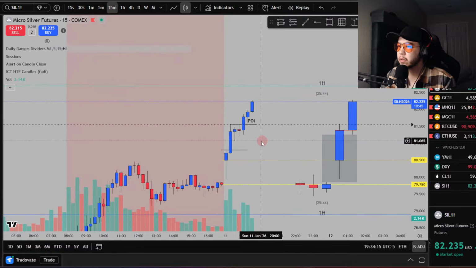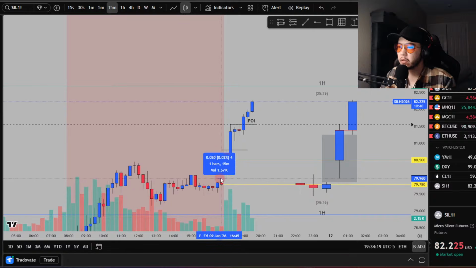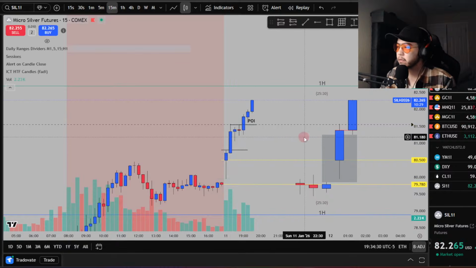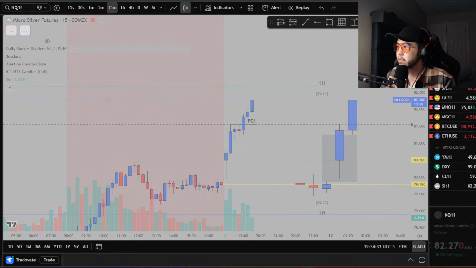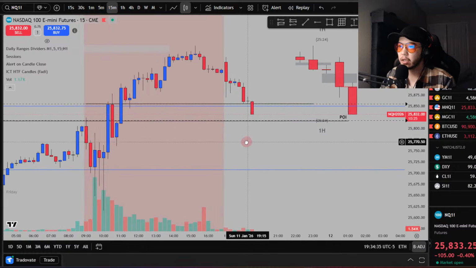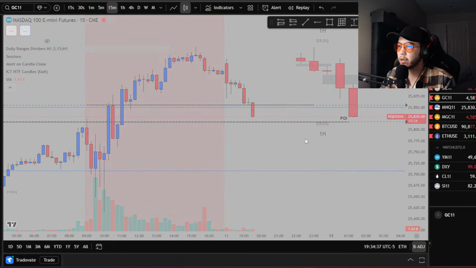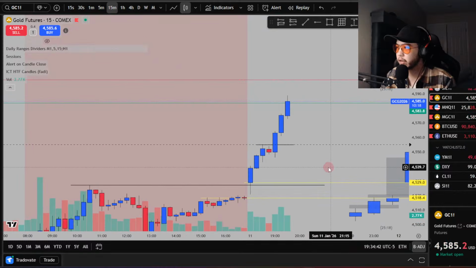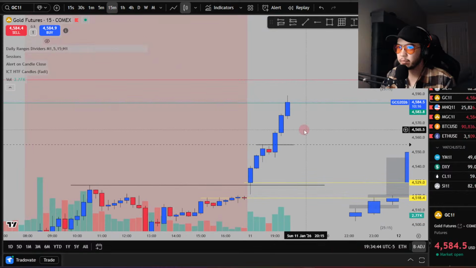Or we might just go in this area. Silver, nothing on silver. Silver moves violently. That's 460 ticks. Silver is the new Nasdaq. Holy. If you guys trade silver, be very careful. Silver can burn you very quickly.